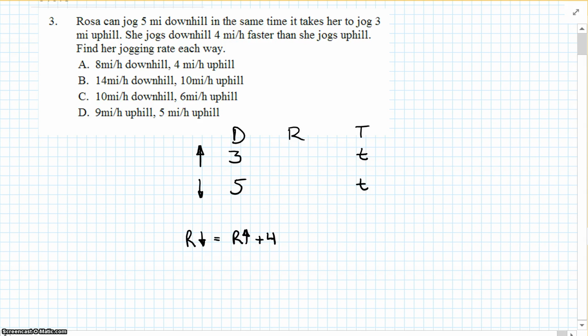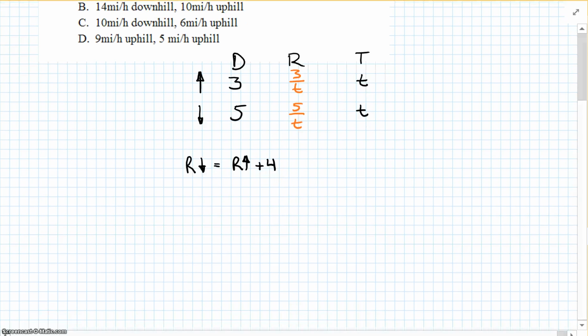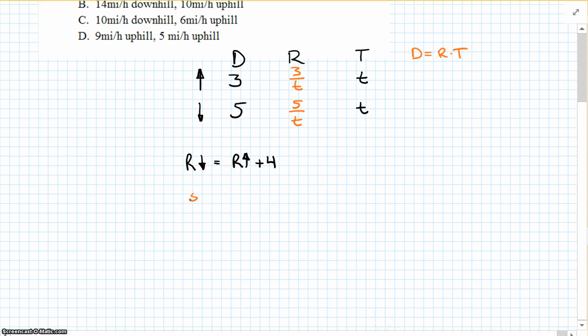Okay, so how do I find rate? Well, rate is nothing more than distance over time. So uphill, her rate is 3 over t. Downhill, her rate is 5 over t. Distance equals rate times time. So 5 over t equals 3 over t plus 4. Well, what's the LCD?